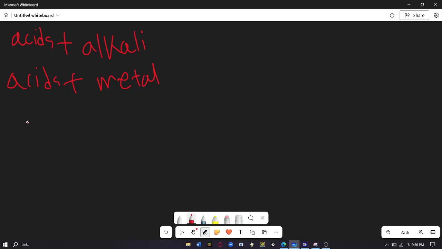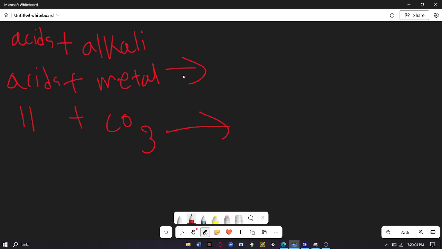We can now talk about various sorts of equations. We have acid plus alkali, then acid plus metal. We have acid plus base, but that's the same as acid plus alkali, so we don't have to worry about that. There are also acids plus carbonates.